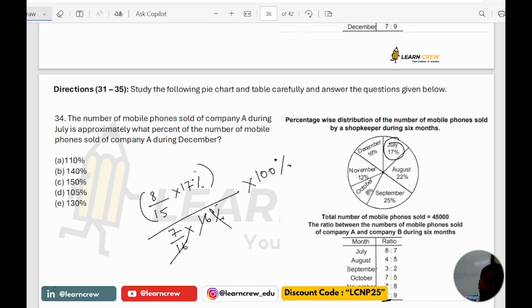Okay, percentage also gets cancelled here. Now what is remaining for me? 8 sevens are 126. 126 by 15.